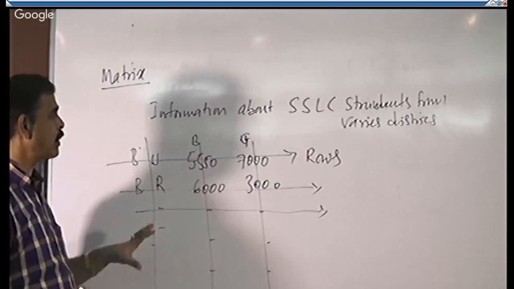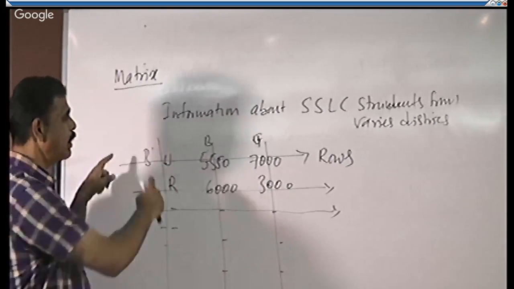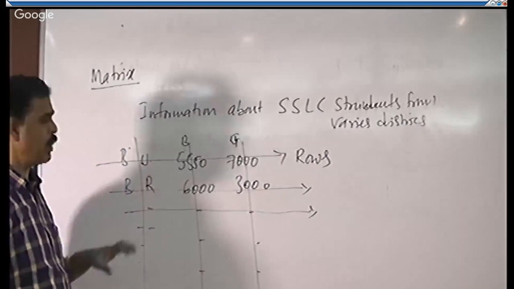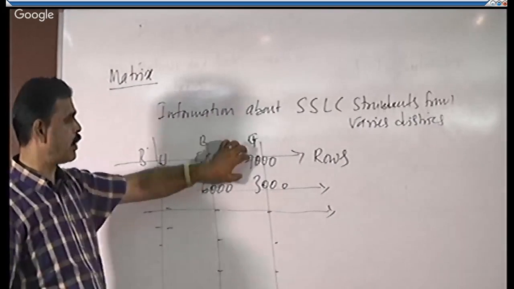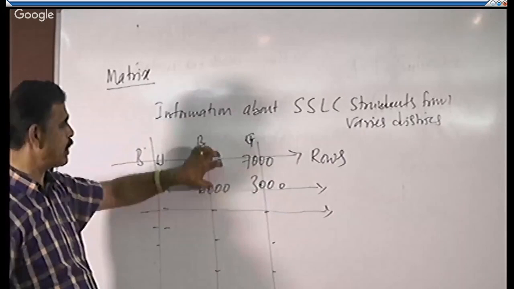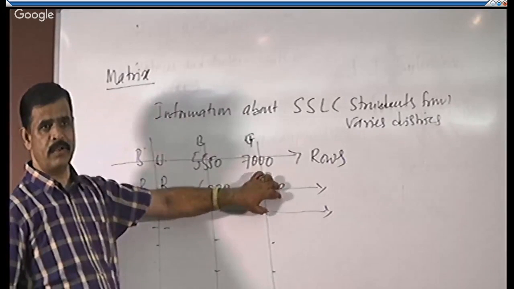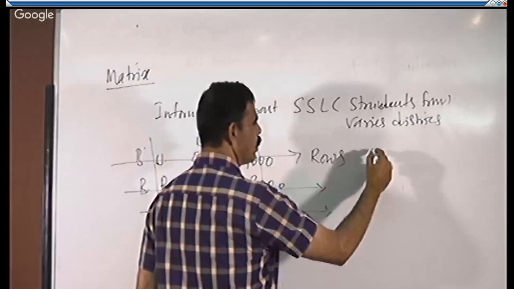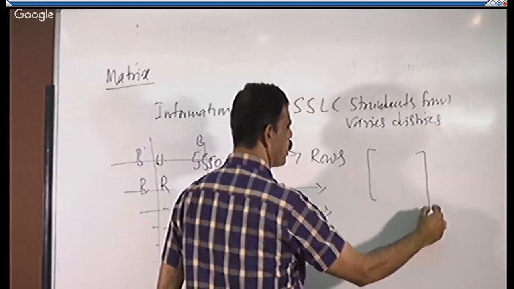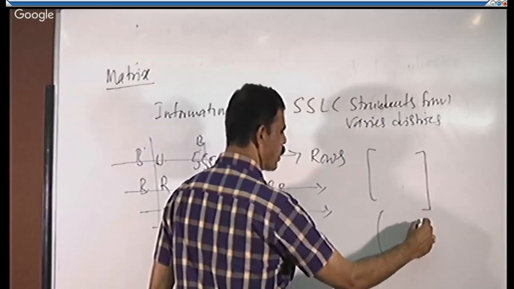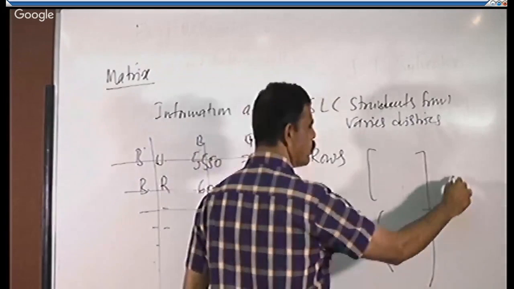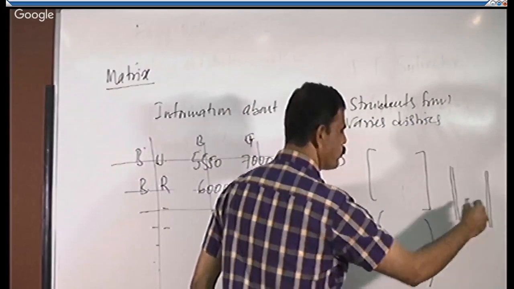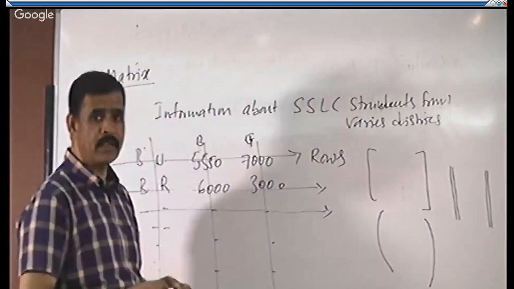Hence we can say that a matrix is a rectangular arrangement of numbers, or we can say entries, which is enclosed in a big bracket, or in parenthesis, or we can also use double bar. These are the symbols we use to represent a matrix.